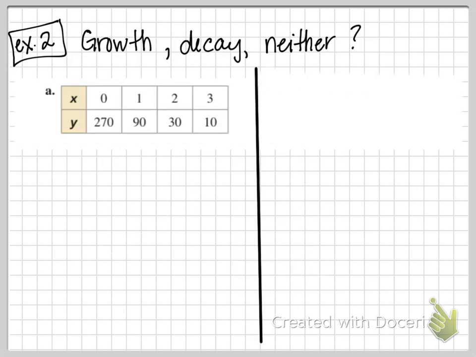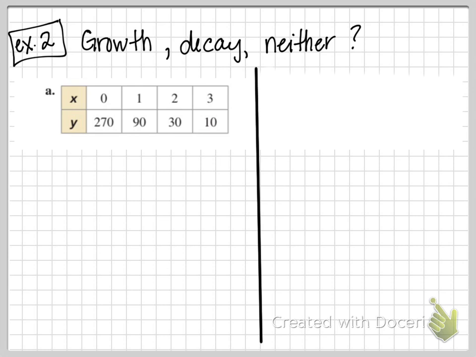Okay, so part of this is going to be asking you, does this little table model exponential growth, exponential decay, or neither? So if it's linear, it's not exponential growth or decay. If it's growth or decay, you're going to say which one it is and why. So let's look at letter A. We've got this little chart.